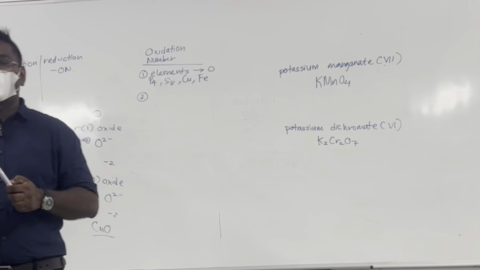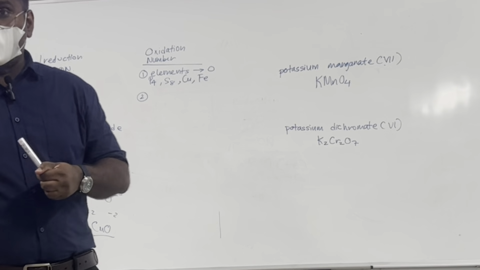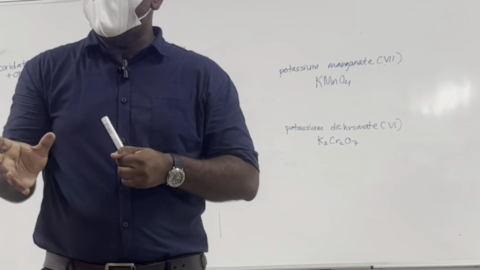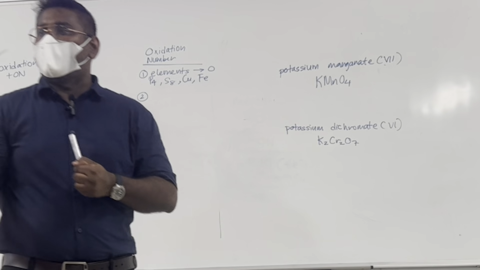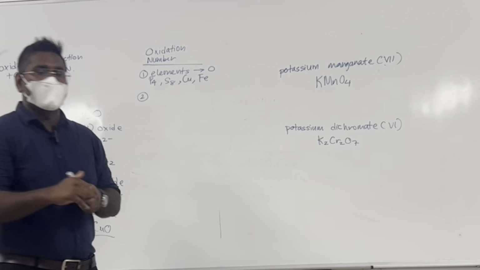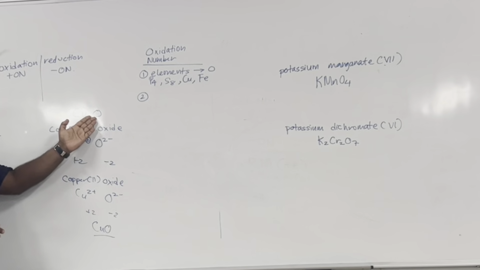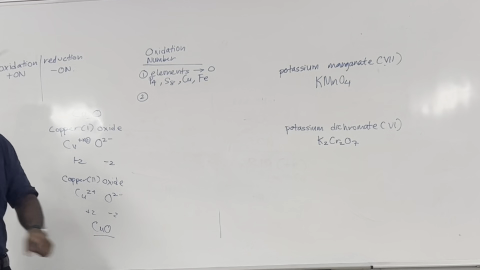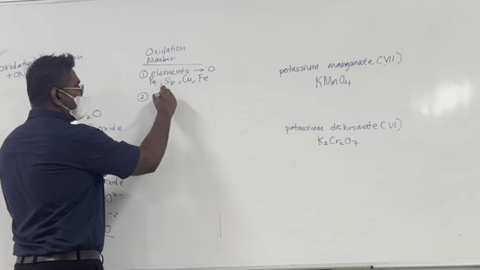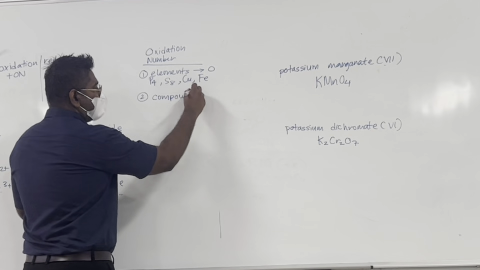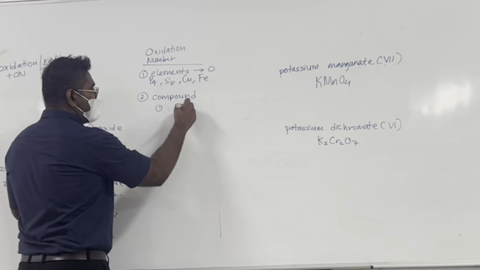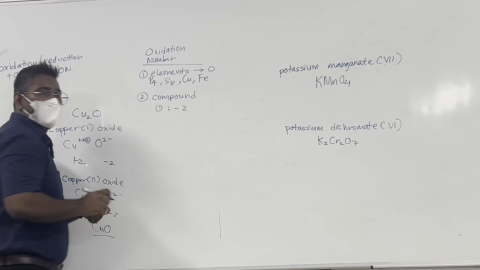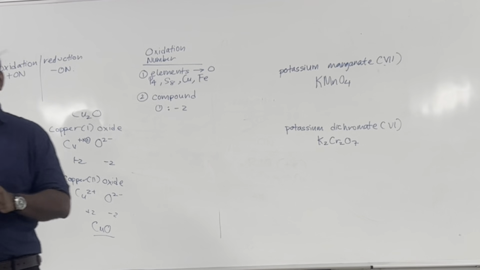In a compound, it's going to be quite difficult. There are certain things that you need to memorize. Oxygen in a compound is always -2. You can memorize this. But there are exceptions.